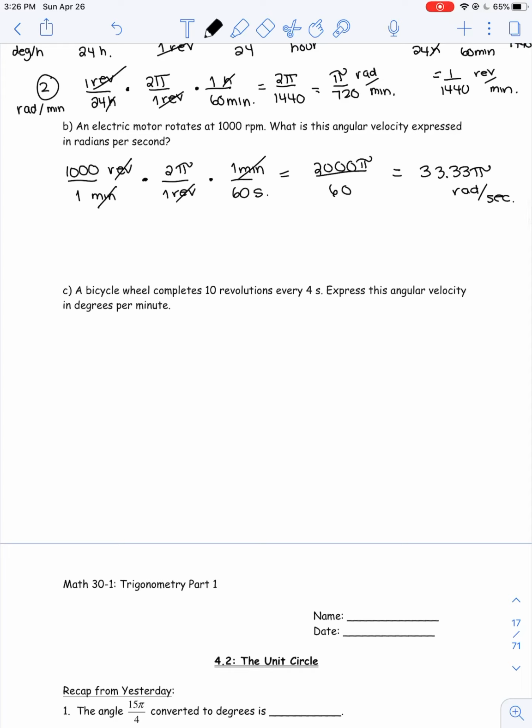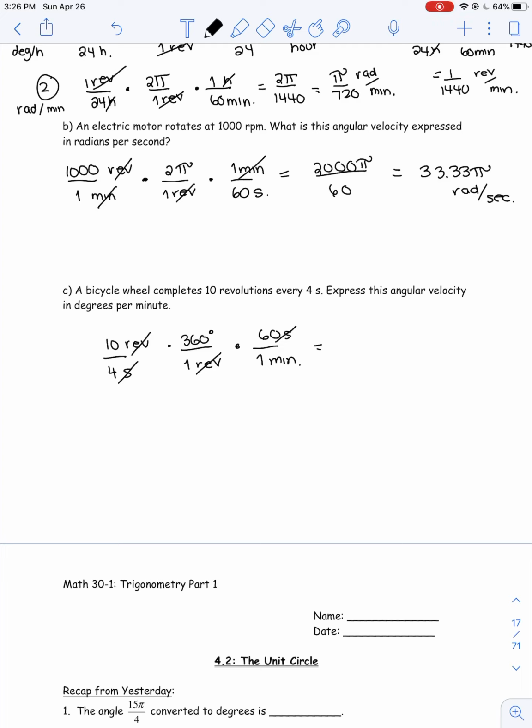And our last example is a bicycle wheel completes 10 revolutions per 4 seconds. We need to express our answer as degrees per minute. So first, we need to multiply this by 360 degrees over 1 revolution, and that's how we get rid of the revolutions. And then since we want minutes, we're going to have 60 seconds at the top so that the seconds will cross off, over 1 minute at the bottom.